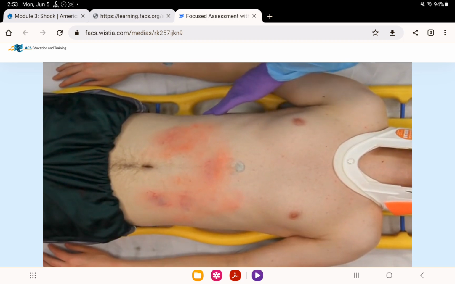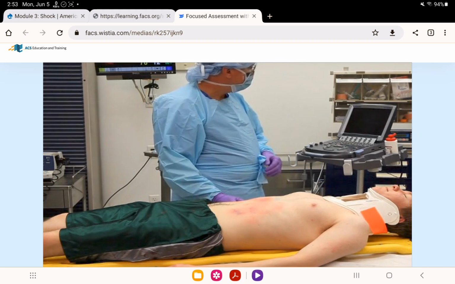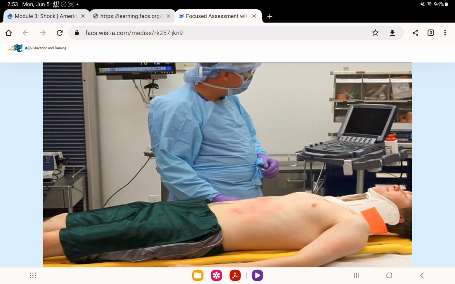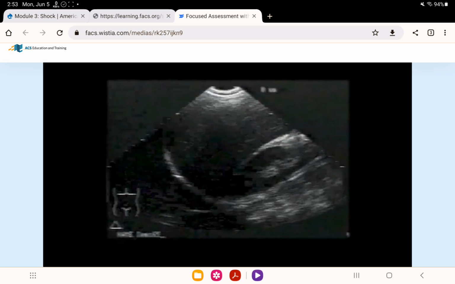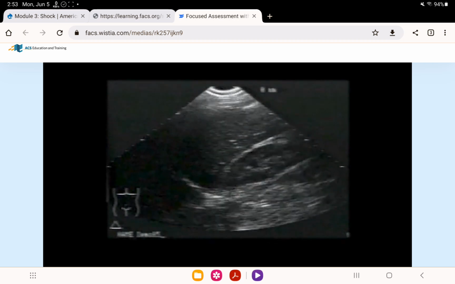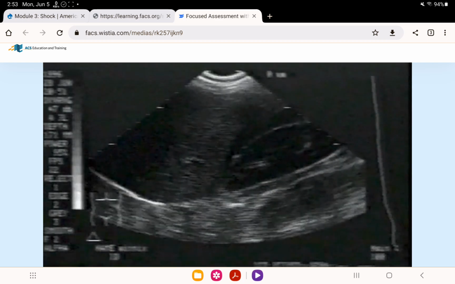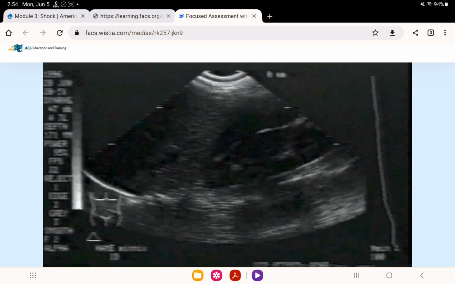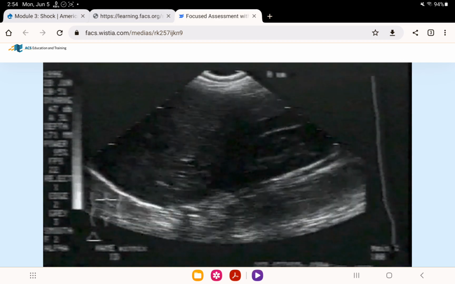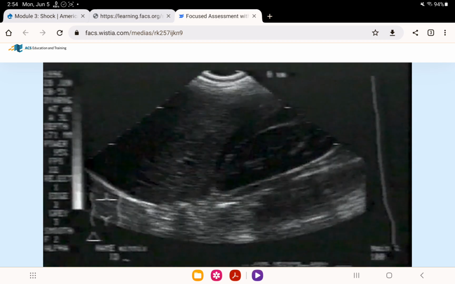The right upper quadrant view is a sagittal view in the mid-axillary line at approximately the 10th or 11th rib space. Visualize the diaphragm, liver, and kidney, as well as the entire hepatorenal fossa or Morison's pouch, looking for fluid. In a traumatically injured patient, the presence of fluid between the diaphragm and liver, or liver and kidney, is blood until proven otherwise.